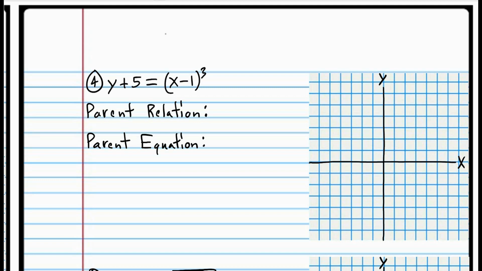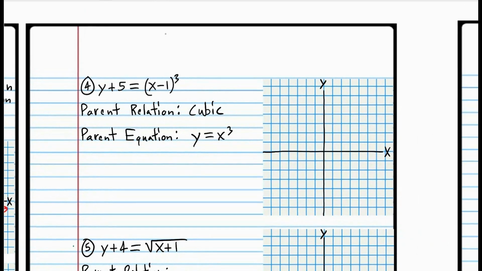So now the parent relation is going to be the cubic relation because we have a cube. So that's the cubic relation, and y equals x cubed is the parent equation. So again, the graph is going to look something like this if you look on your library of relations.